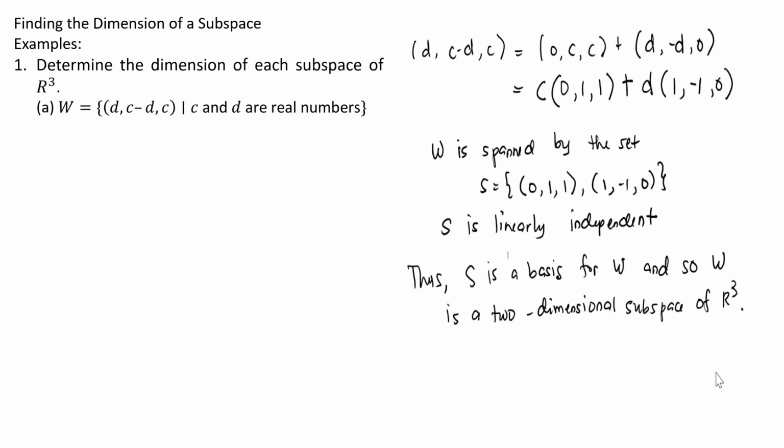So again, the dimension of the subspace W is determined by counting the number of vectors in its basis.